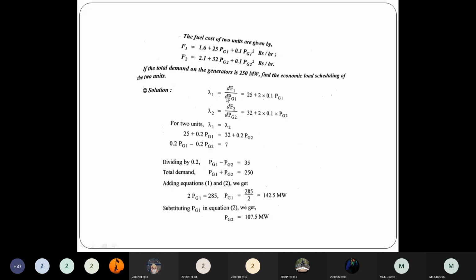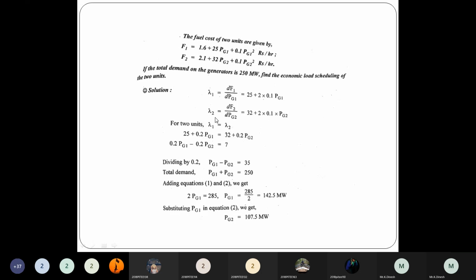So for lambda 1, we need to differentiate F1 with Pg1, dF1 by dPg1. So 1.6 is constant, it vanishes. 25 Pg1 gives 25, and 0.1 Pg1 square gives 2 into 0.1 Pg1, so 0.2 Pg1. So lambda 1 is 25 plus 0.2 Pg1.